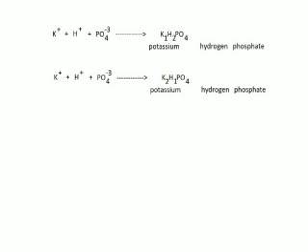And so those names are insufficient. So now what? Well, we can't do anything about the charges on either the cations or the phosphate. They are what they are. We have to balance the charges, and the only thing that's different between those 2 compounds is, in fact, the number of ions we have present. And so we're stuck.